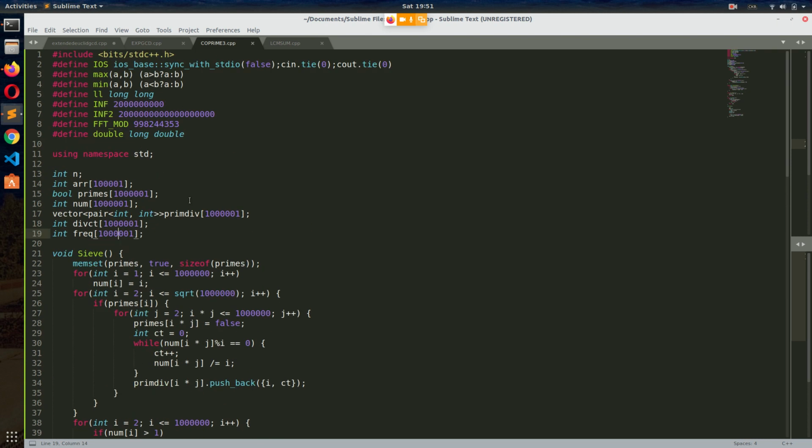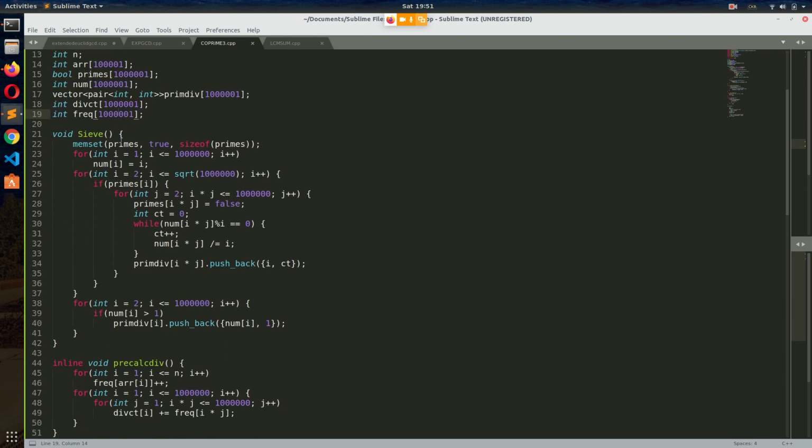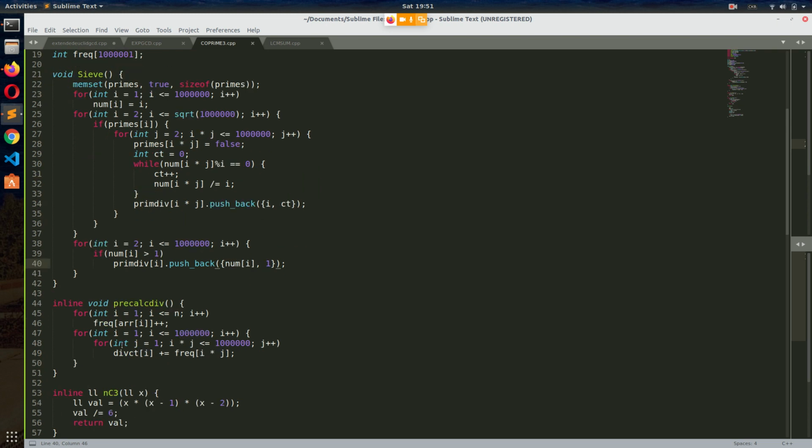So again, like the last example, we have a num of I array which serves the same purpose. We factorize it and push I comma ct into the factorization of I star j. And if num of I at the end of it is greater than 1, we push num of I comma 1 at the end of it. This way we can calculate the factorization of each number.